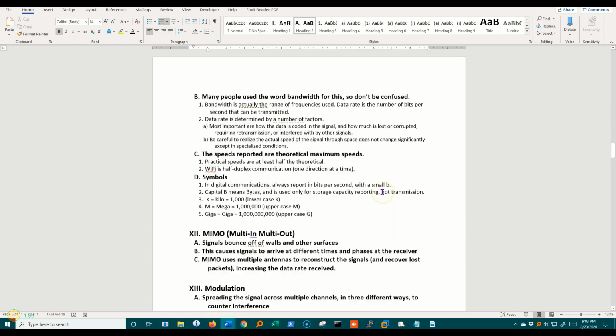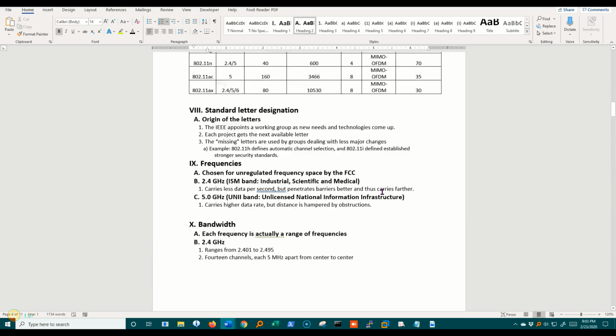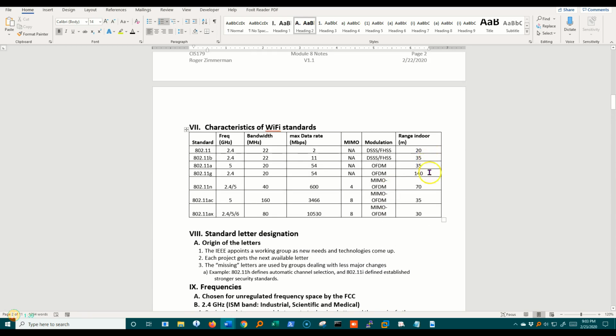So let's go back to this chart again for a moment. And I'm not going to try to explain each one of these, but let's just take a look at a couple of guidelines. First of all, our hardware back here wasn't very good, and we were using FHSS and DSSS, which tended to limit our range a little bit.